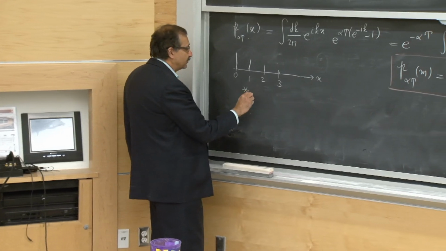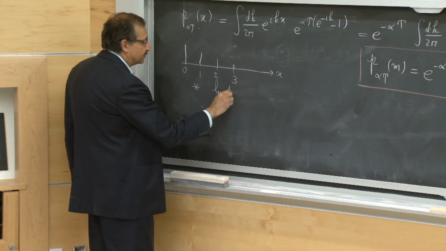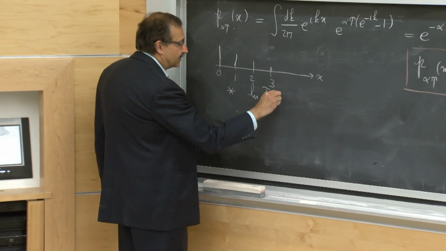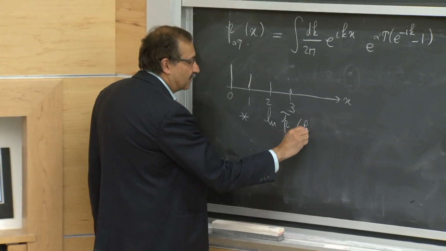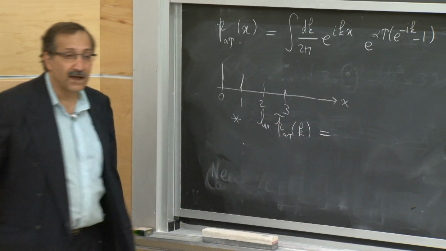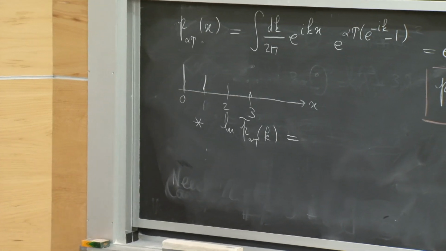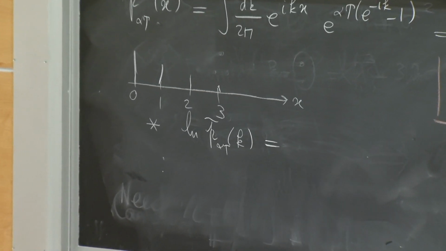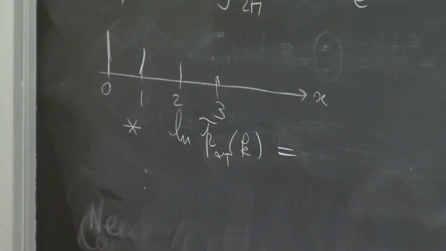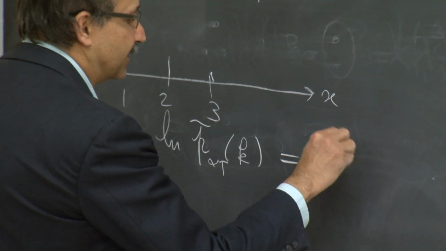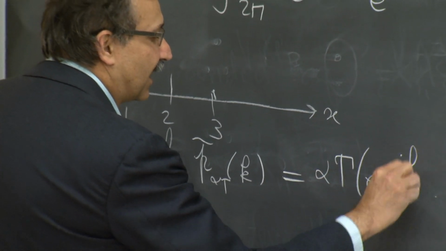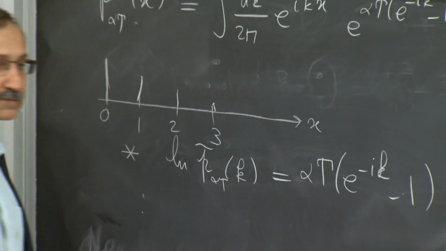So let's look at the cumulant generating function. So I have to take the log of the function that I had calculated there. It is nicely in the exponential, so I get alpha t (e to the minus ik minus 1).